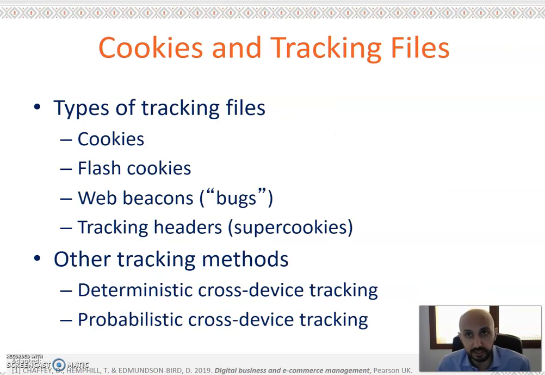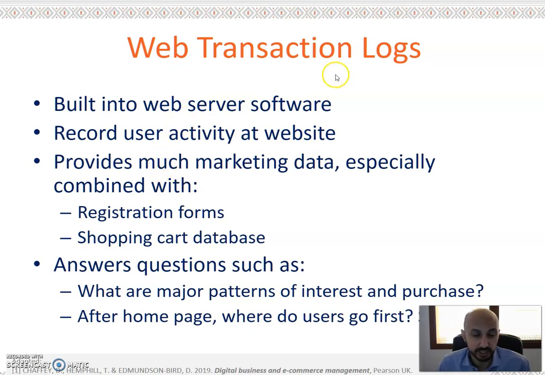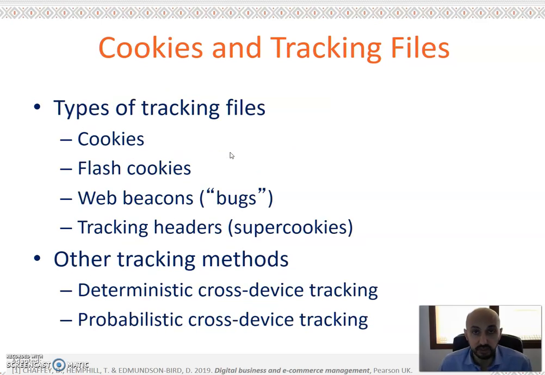Cookies and tracking files. Here we're talking about the client side, not the web server side, because when we said web transaction logs, this is on the server side. When we talk about cookies and tracking files, it's inside your machine, inside your laptop, inside your phone. So the web server, when you request a page, will send you back a file.